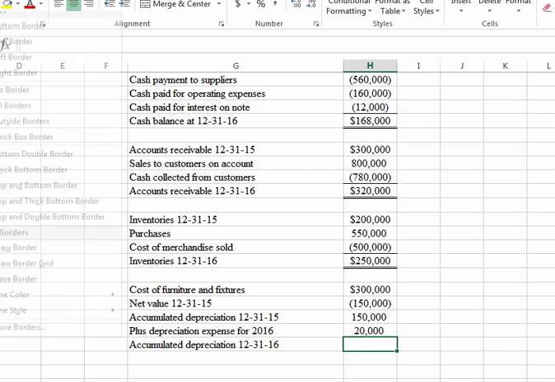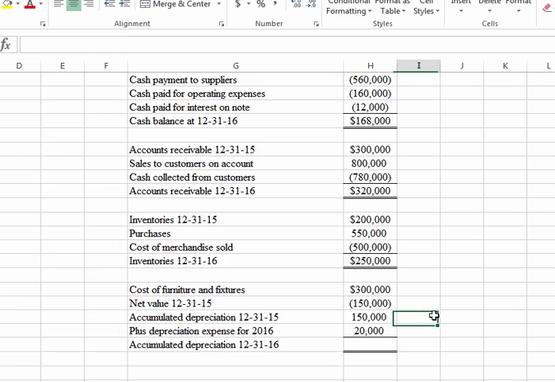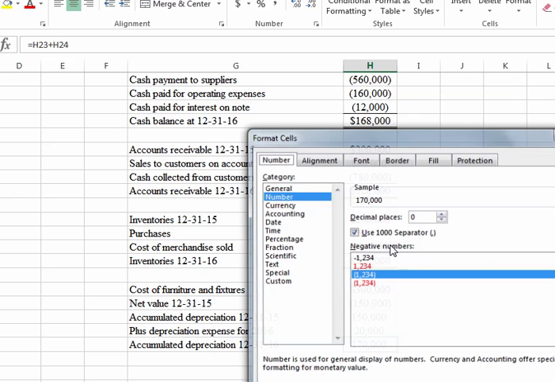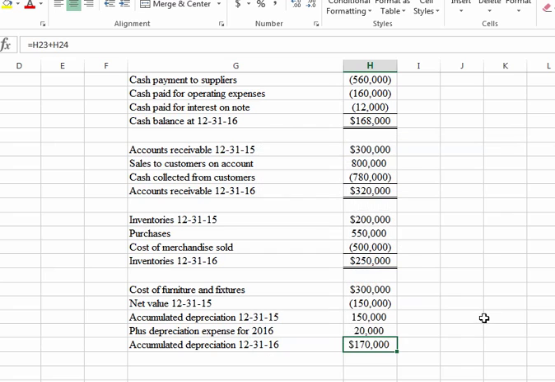And then that's going to get us to our accumulated depreciation balance at the end of 2016. It's going to be equal to the 150 plus the 20,000 depreciation for this year. That's 170,000. Let's format that like this. There we go. That one took a little bit extra, but we got there.